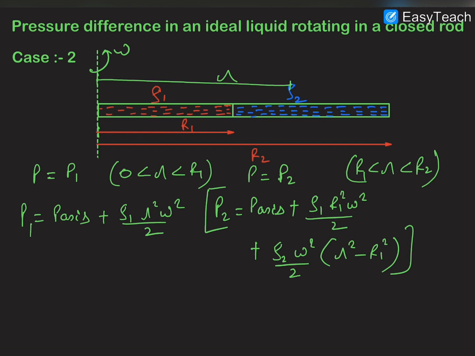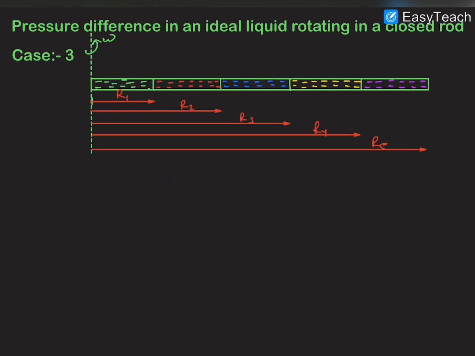Now in the same way, if we take this situation in which 5 different liquids are filled, this is rho 1, this is rho 2, this is rho 3, this is rho 4, and this is rho 5. So in this situation 5 different liquids are filled in the tube, and these are the distances of their boundaries from the axis of rotation.